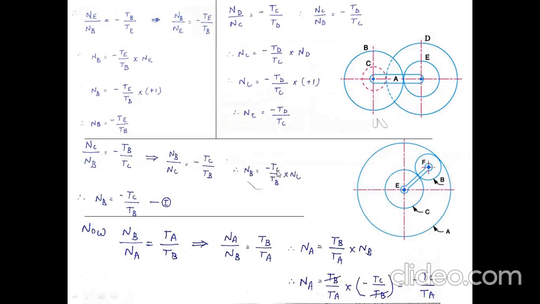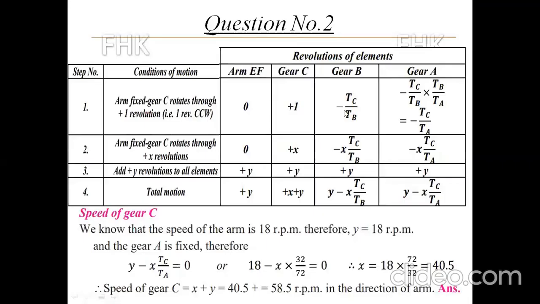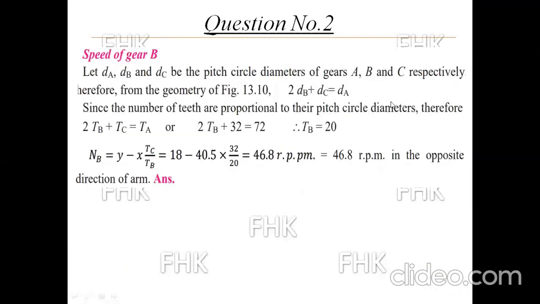So NB is equal to minus TC by TB into NC, but NC is equal to 1. So NB is equal to minus TC upon TB. Now we have to find out the speed of gear A.